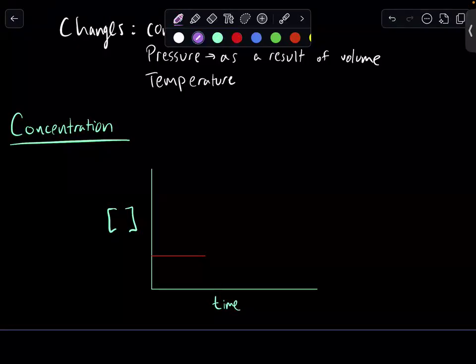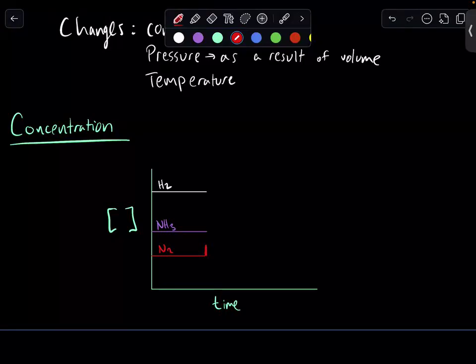So let's make a line for nitrogen, a line for ammonia, and a line for hydrogen. That will be H2, this will be N2, and that will be NH3. So we're at equilibrium and these concentrations are constant. But at some time, we decide we want to increase the amount of N2. So we pump some more nitrogen into the chamber.